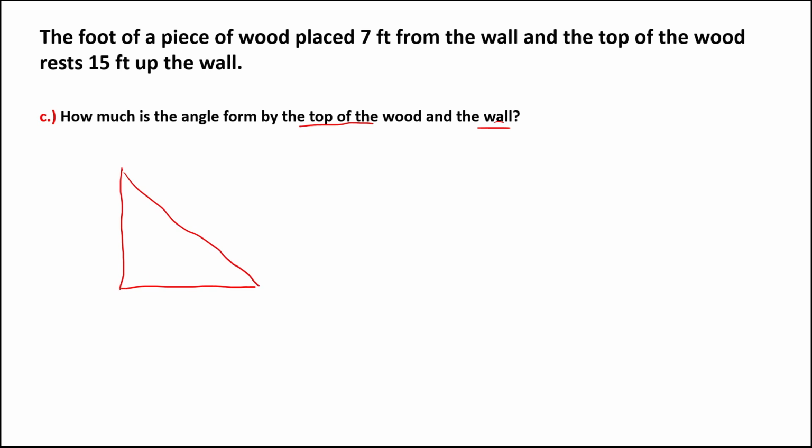Then to find the angle formed by the top of the wood and the wall, since the angle from the ground and the foot of the wood is 64.98 degrees, and this one is 90 degrees, then to solve for this angle, since the sum of these two angles is 90 degrees, we can find this angle by this equation: 90 degrees minus 64.98 degrees.